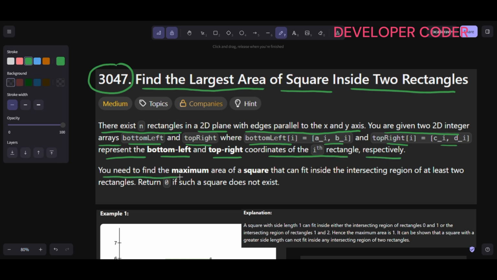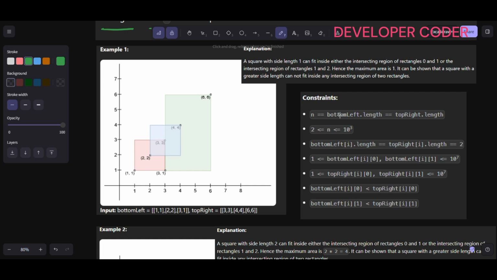And you need to find the maximum area of a square that can fit inside the intersecting region of at least two rectangles, and we have to return 0 if such a square doesn't exist. See example number 1. Here bottom left, if you see, is 1 1 and top right is 3 3.